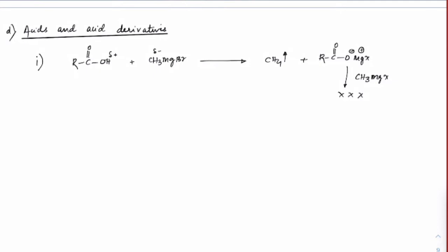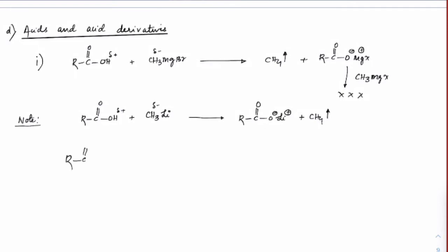But imagine the same reaction, got it? Take it as a note. If it was R C double bond O OH, and instead of using Grignard's reagent, I use Gilman's reagent CH3Li, this is also sufficiently negative, this is sufficiently positive. So first it will form RC double bond O minus with Li plus. Now this lithium plus will have high polarizing power, which will keep that carbon sufficiently positive.